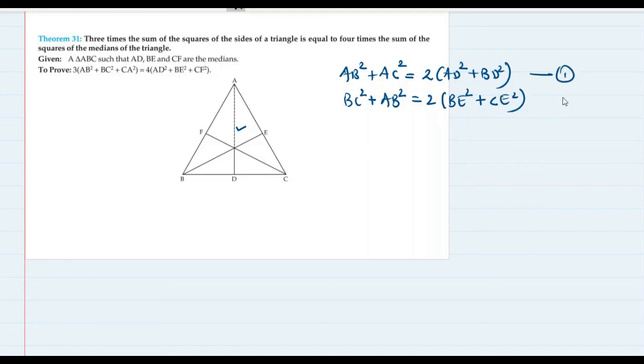Okay, so that is equation number 1, equation number 2, and the third equation is along the median CF. Which are the two sides adjacent to CF? AC and BC.